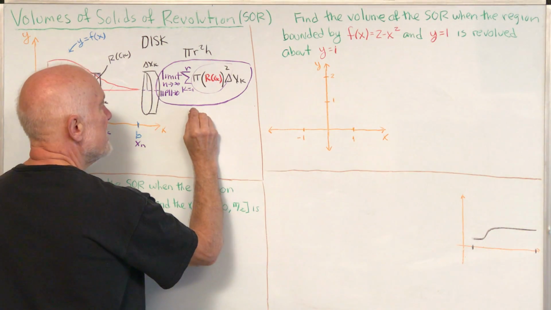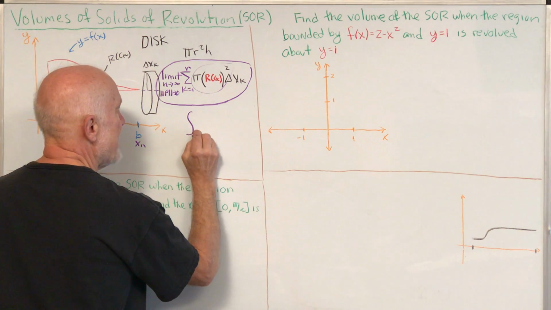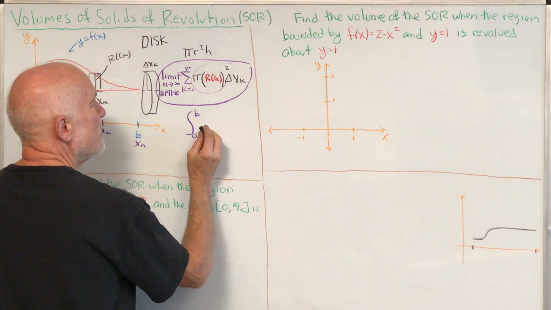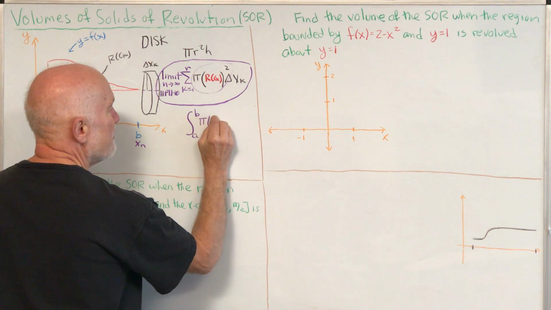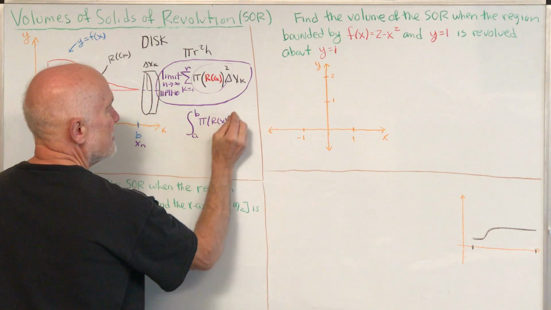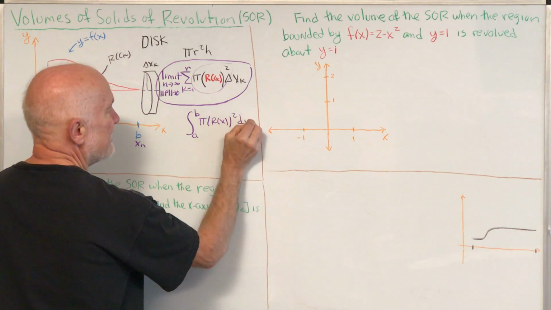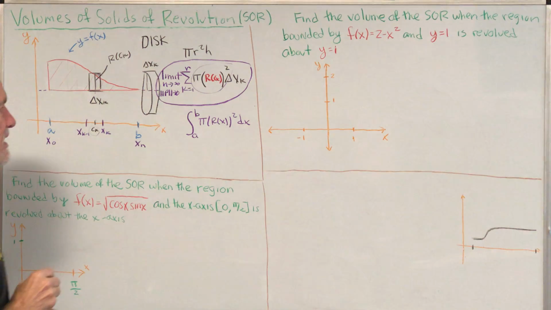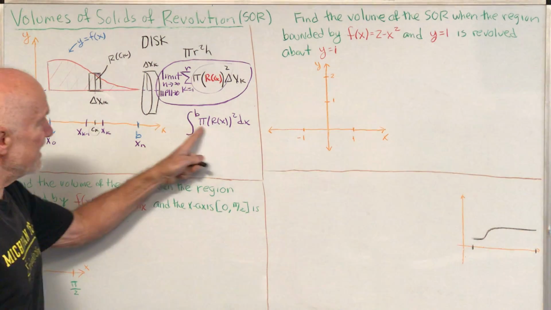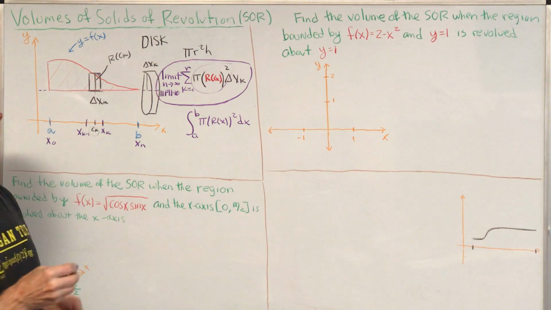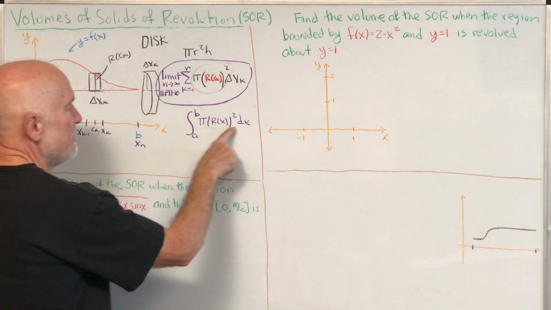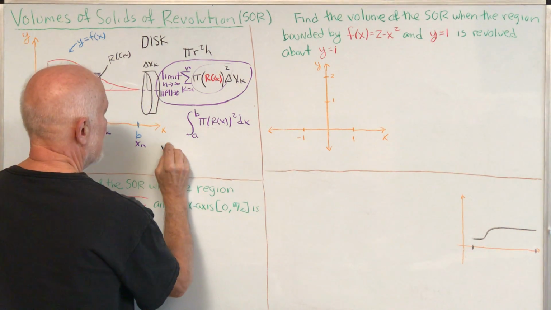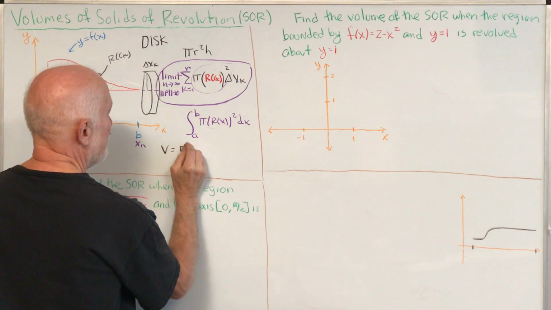It's going to be the integral from a to b of pi r of x squared dx. So we've got a definite integral that's going to give us what we're looking for, and that's really good news. Now, normally, if you see the formula, they take the pi out front.